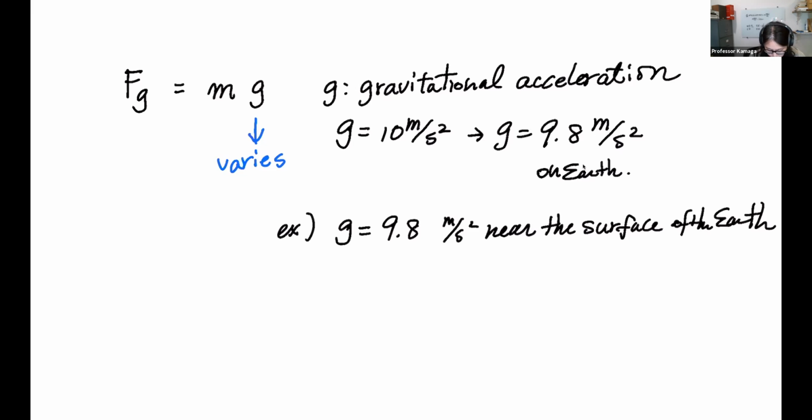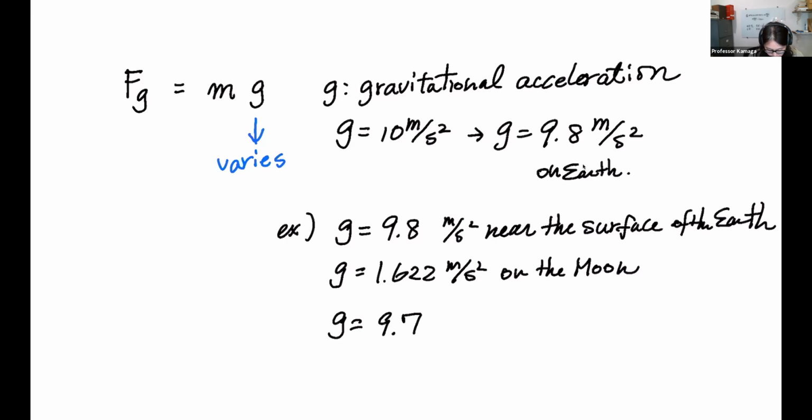But we know that there is a gravitational force on the moon, and the little g is going to be 1.622 meters per second squared on the moon. Actually, even on Earth, if you go up to the top of Everest, it's 9.7639. This little g acceleration decreases as you go farther away from the Earth.